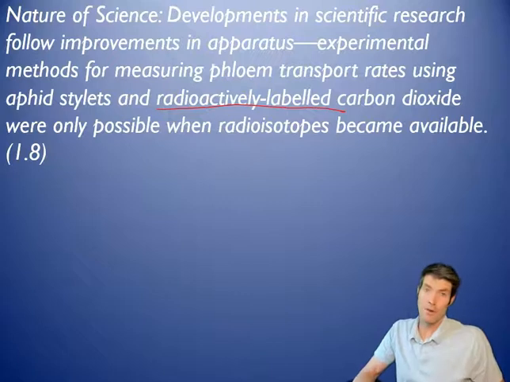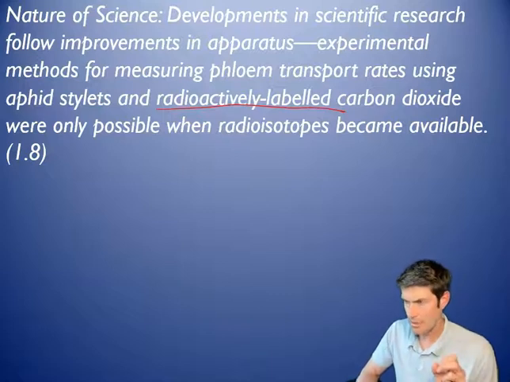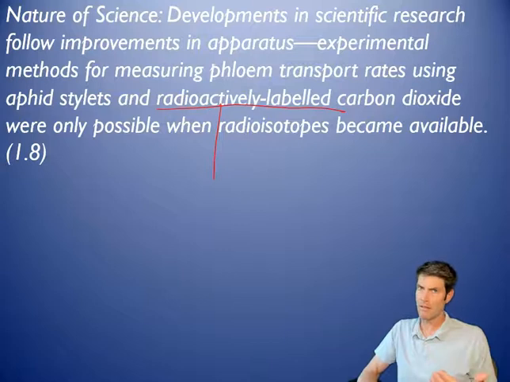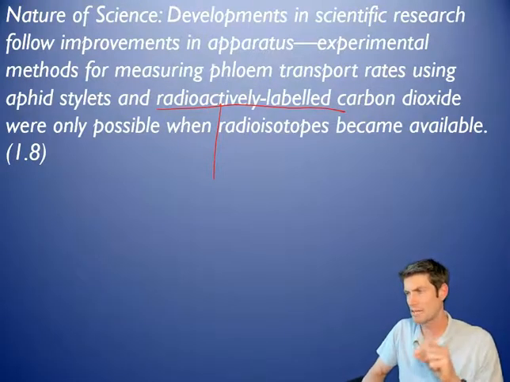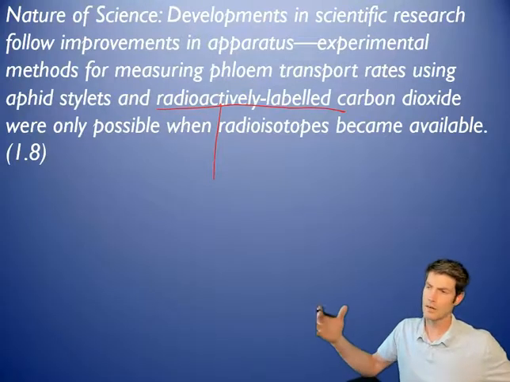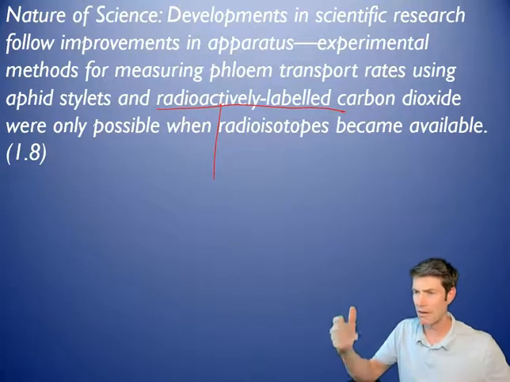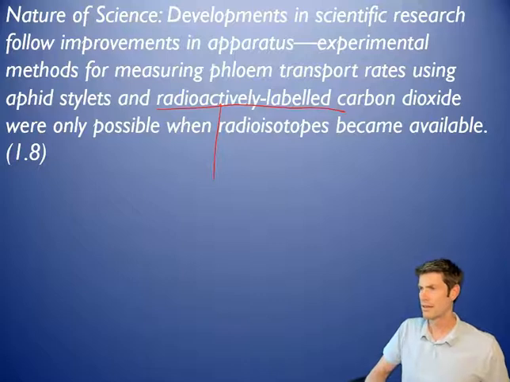Using this radioactive labeling really helped to elucidate, explain, a lot of the phenomena scientists had been seeing for a long time. But once they had those radioisotopes in the 1930s, I believe, it was ready to go, ready to use for figuring out all these complex pathways.